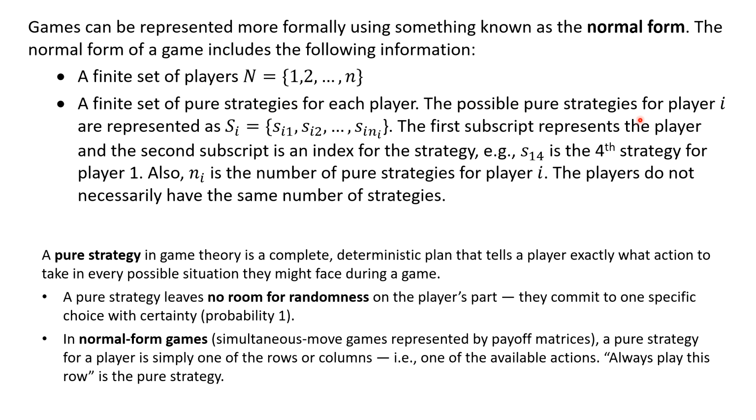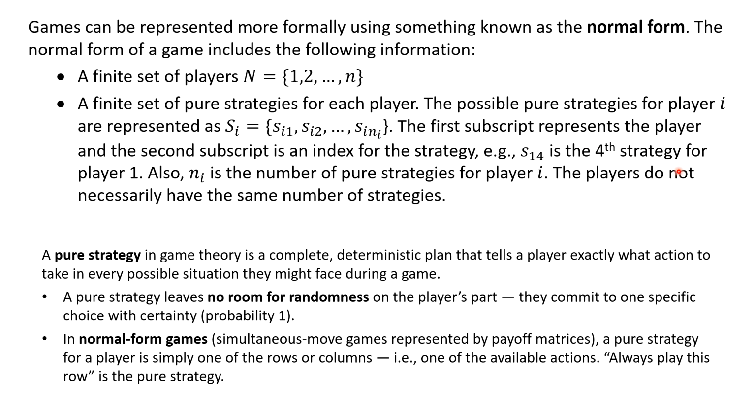The possible pure strategies for player I are represented by this set here. You notice the first subscript I is the same because that represents the player. And then the second part of each subscript is the pure strategy. So in this example here, player I has n sub I strategies.